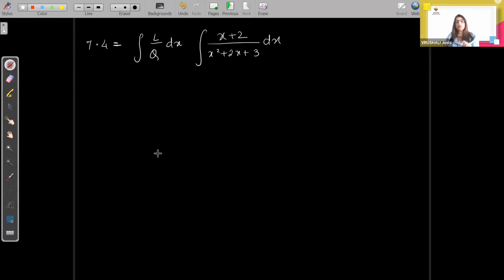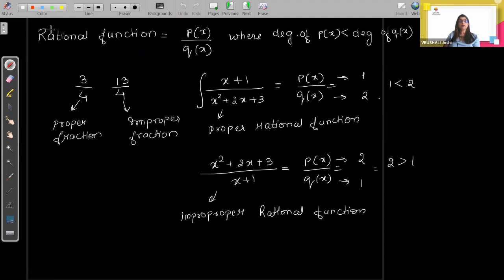The problem here is when the degree of p of x is greater than the degree of q of x. Coming back to the example which I showed, 3/4 is not a problem. Correct? We had taken an example 3/4, and we know what to do.